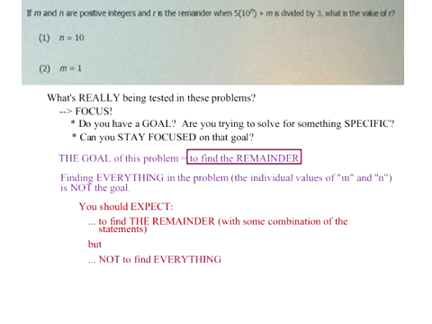This is where a lot of people get burned over and over again on data sufficiency: they keep trying to find all the stuff in the problem. It's quite the opposite.